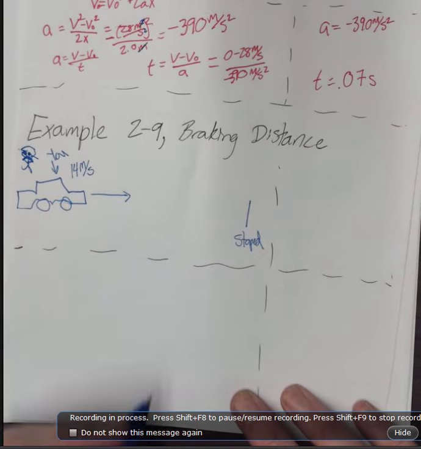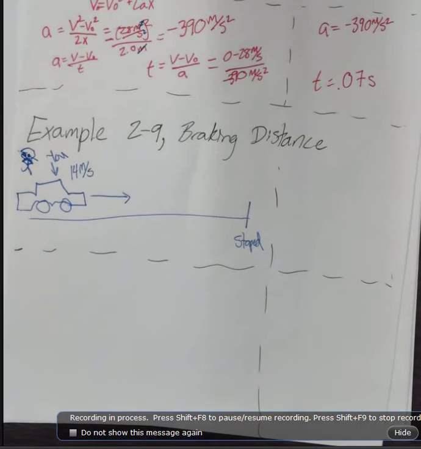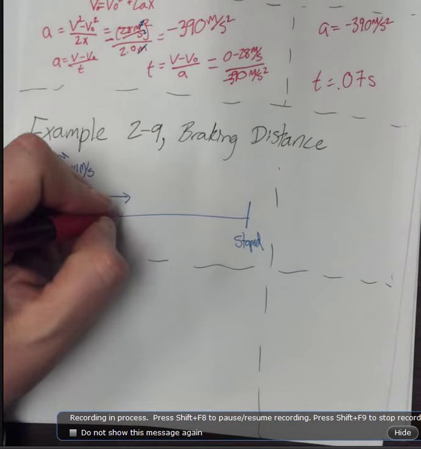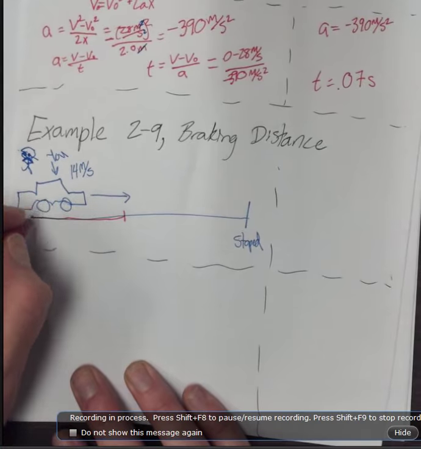So we need to consider everything that has to happen to get you to stopped. In order for you to stop, we have to consider the fact that it's going to take you a second to realize that you're stopping. So in order for you to realize that you're going to stop, there's going to be this amount of time here. We call this reaction time.